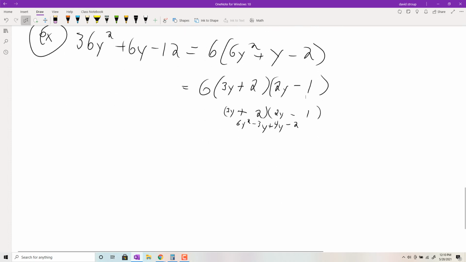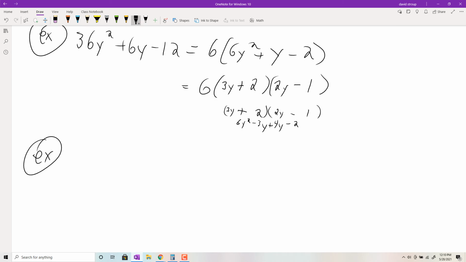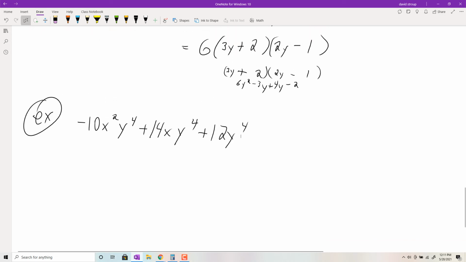Okay. One more, then we'll carry over to my math lab. So negative 10x squared y to the 4th plus 14x y to the 4th plus 12y to the 4th. Okay, look at that. I'm going to factor out a negative of something, right?